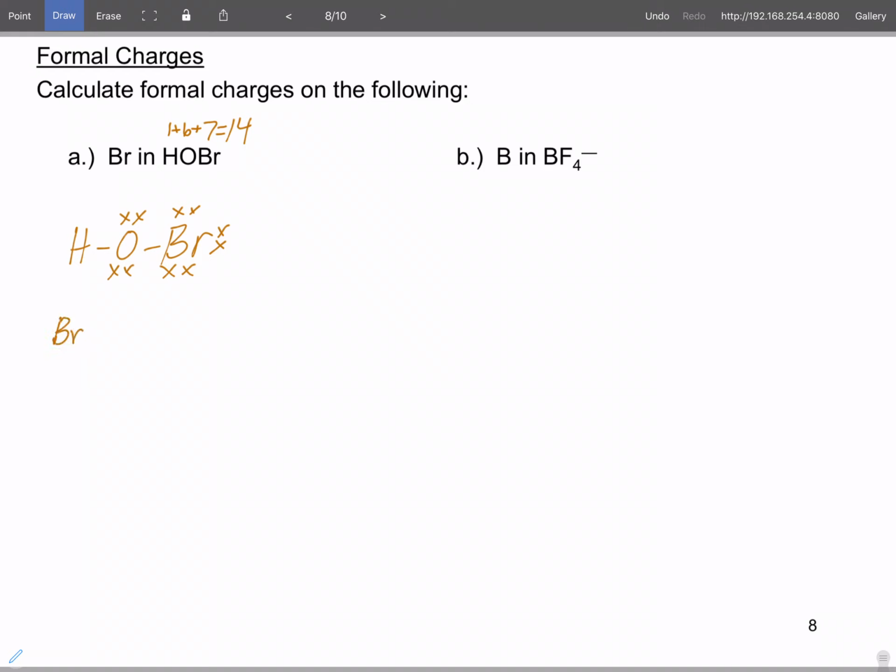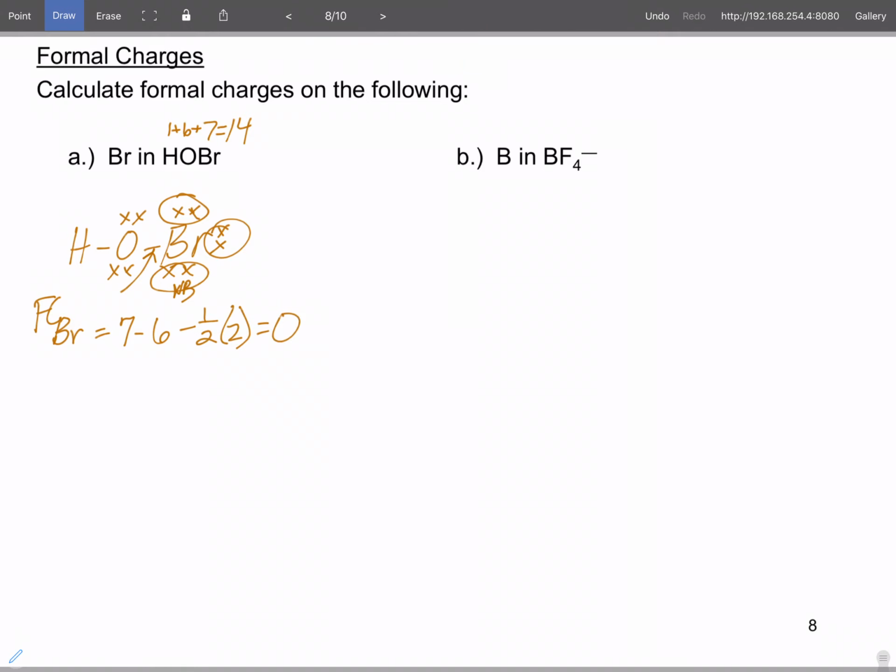The formal charge for bromine is 7 valence electrons, minus any non-bonding, which we count these as our non-bonding, minus 6, minus half of the bonding, which is 2. So 7 minus 6 minus 1 is 0. So the formal charge here in HOBr is 0.